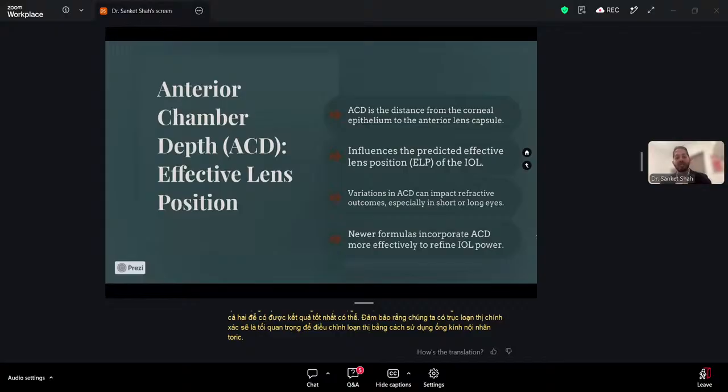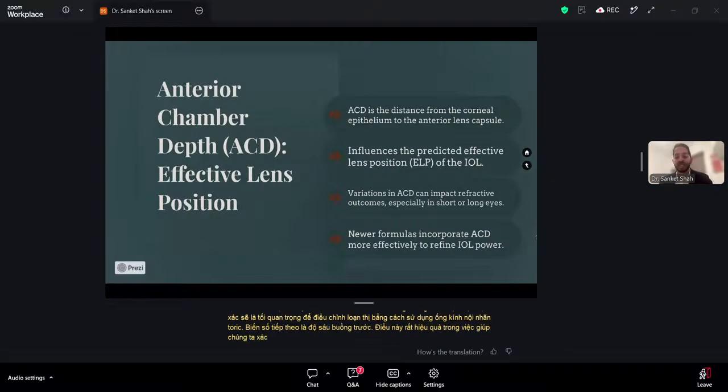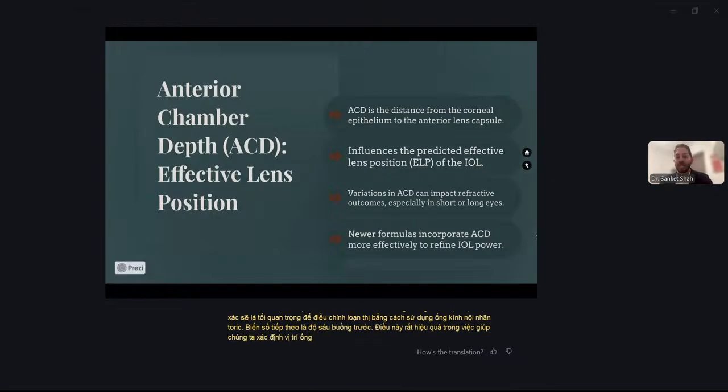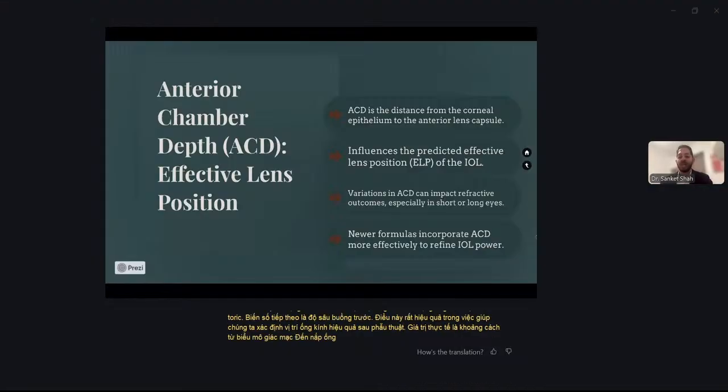The next variable is the anterior chamber depth. This is very effective in helping us determine the effective lens position after surgery. The actual value is the distance from the corneal epithelium to the anterior lens capsule.